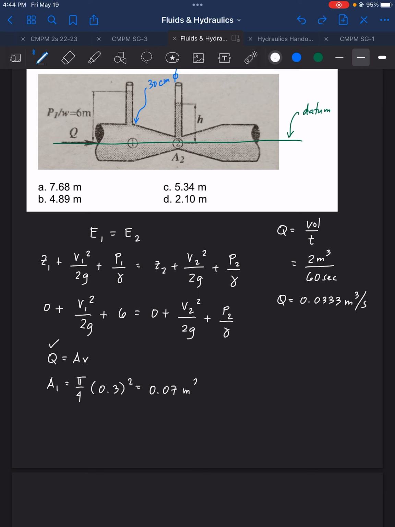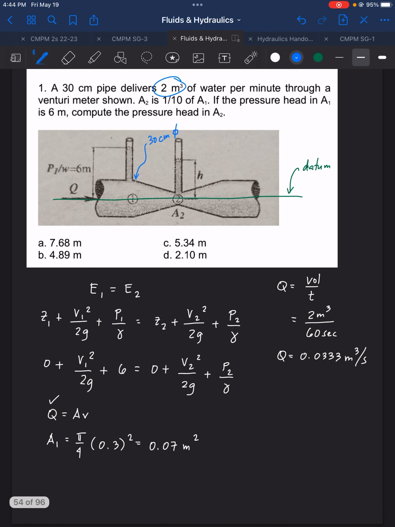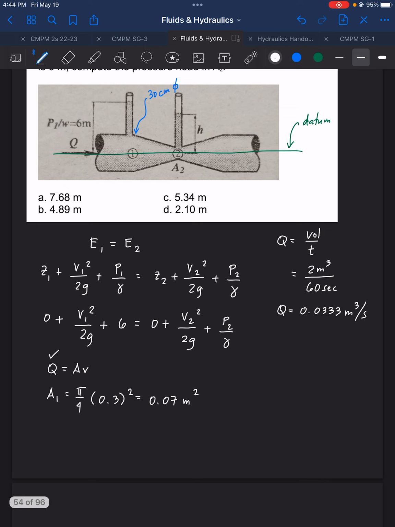square meter. For area 2, it says here that area 2 is 1/10 of area 1. Therefore, area 2 is equal to 1/10 of area 1, so that is 0.07 divided by 10.